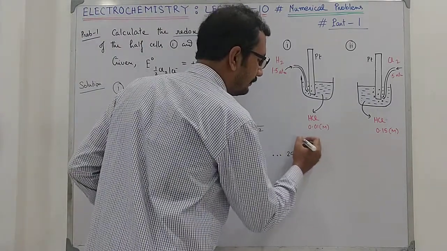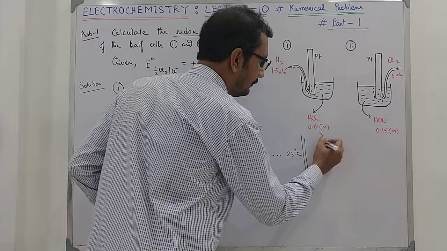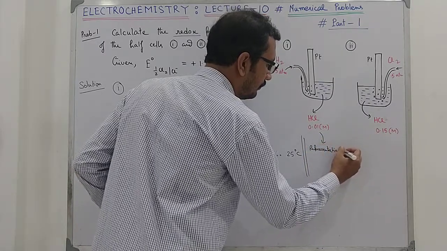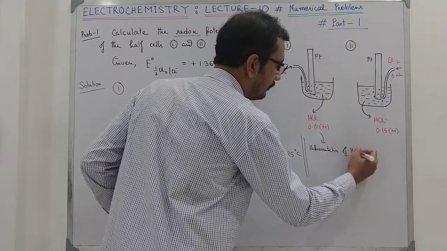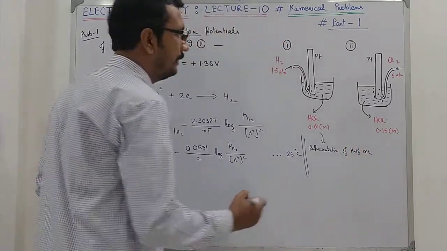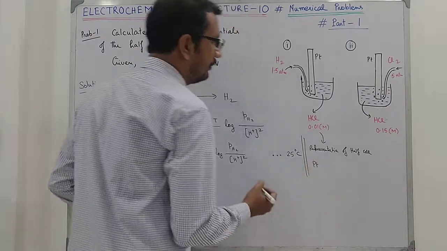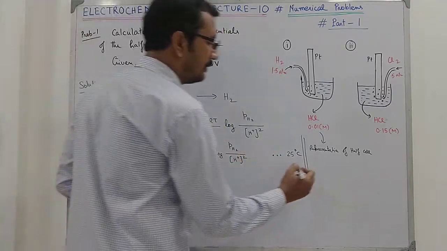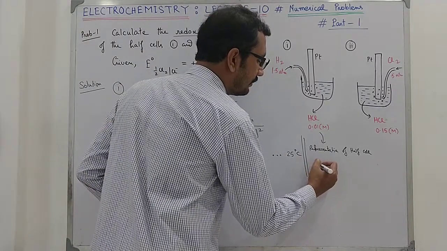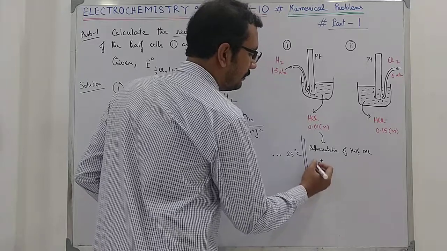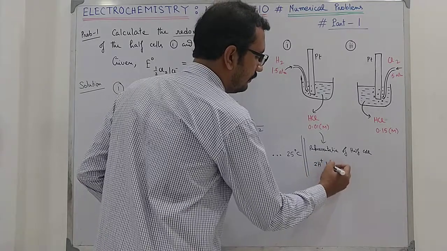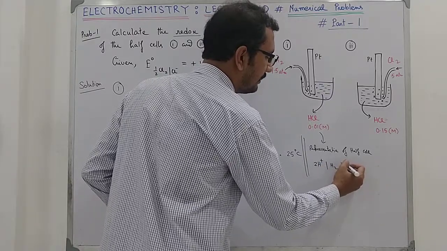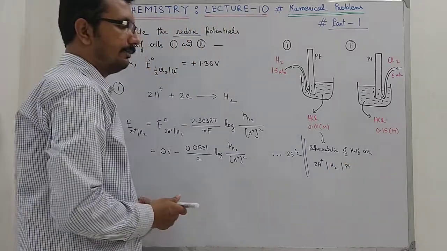So if we represent this half cell, not cell, it will look like this: since I am depicting in reduction potential, we must represent it as 2H plus, arrow H2, with a vertical line representing the phase difference, and here it is platinum.